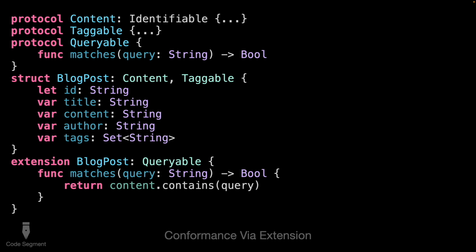Of note, if you do conformance within your extension, then because extensions cannot define new stored properties, you would have to use computed properties if you wanted to do all of your conformance within the extension. But luckily, you don't have to.